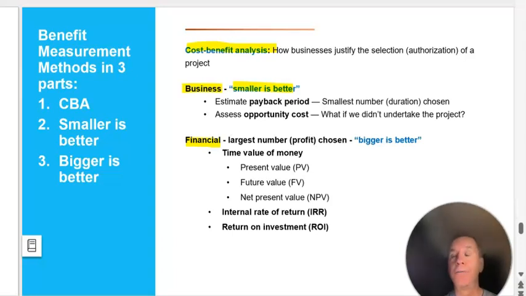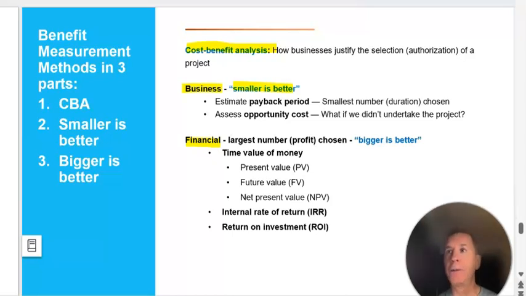When you're thinking of benefits measurement, think, how does my project provide value? There's that word again, to the company. In terms of value, in this benefits measurement plan, think in terms of cost benefit analysis, business value or benefits, and those are always smaller is better, right?